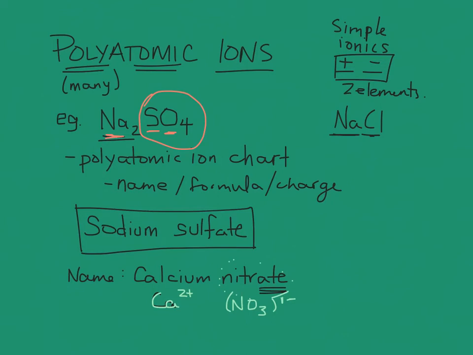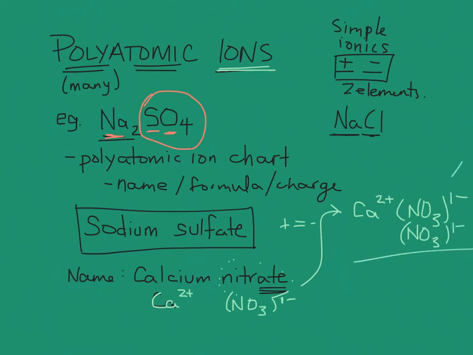Okay, and since we're still talking ionic compounds, we know that pluses have to equal the minuses. So if I was to do this over here, calcium is 2 plus, nitrate, we treat it as 1, is 1 minus. So we need another nitrate, which is another 1 minus.